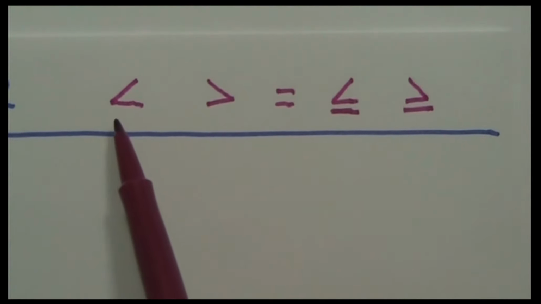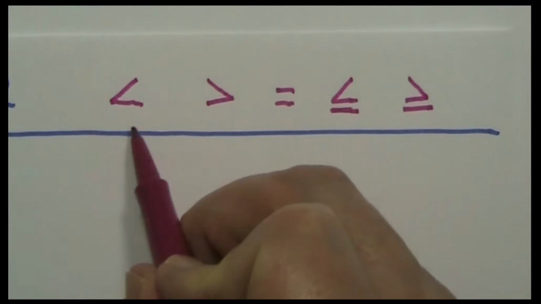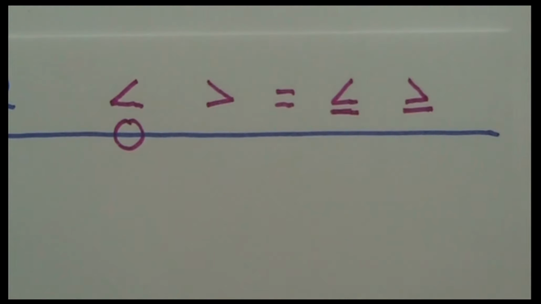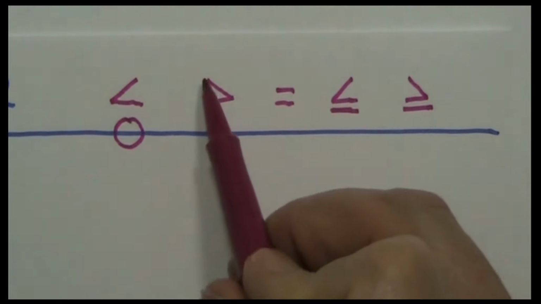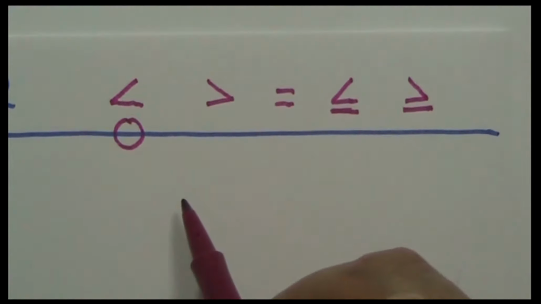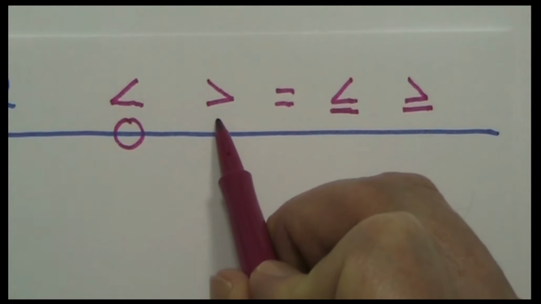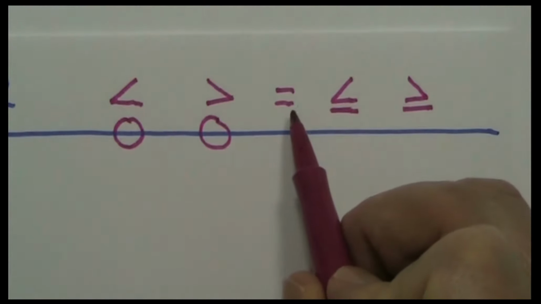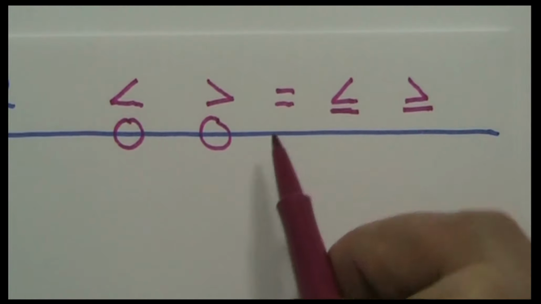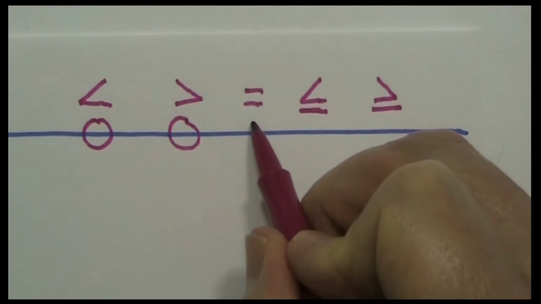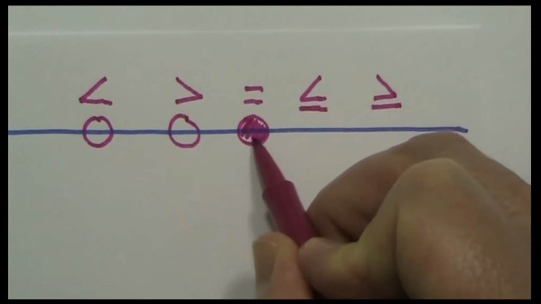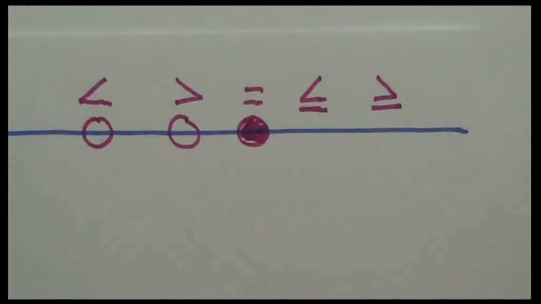We have less than, and the less than symbol, remember on the line, it's an open circle. More than or greater than, that's an open circle. Equals, that is a solid circle, a closed circle.